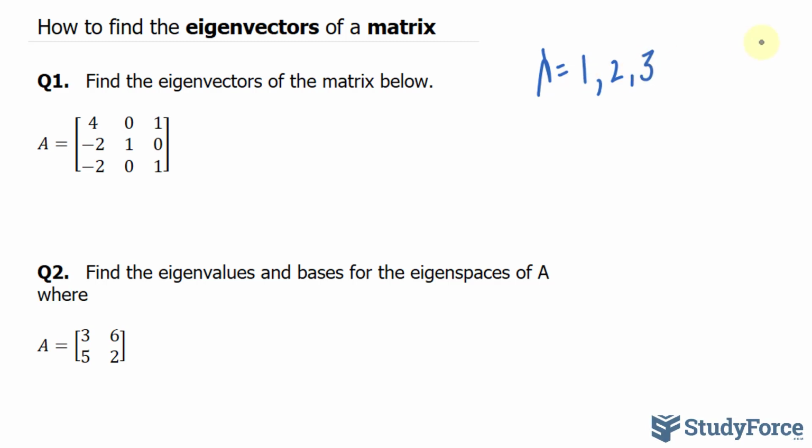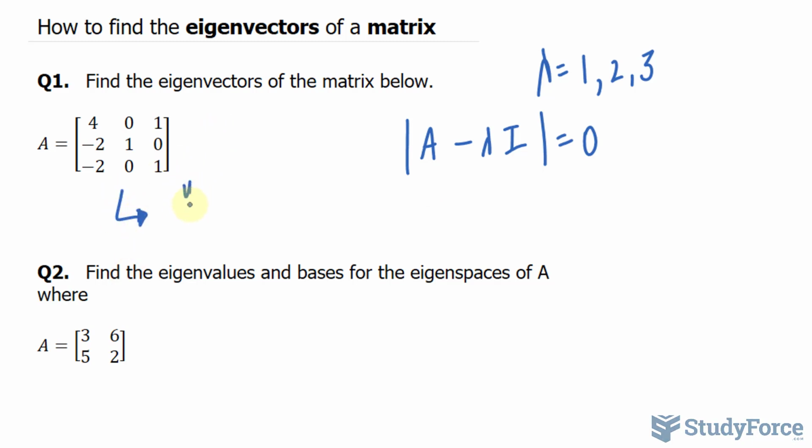Now in order to find these values, you actually had to subtract lambda times the identity from this matrix and set the determinant equal to 0. If you do that, you should end up with the following matrix, and we'll need this for this example.